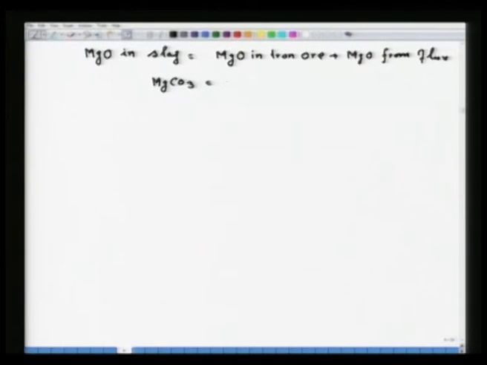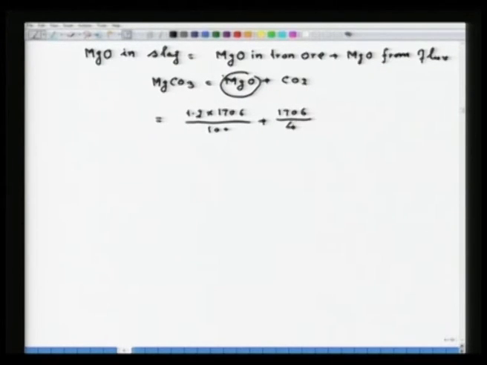So, MgCO3 will decompose to MgO plus CO2. So, this MgO will enter into the slag. MgO in iron ore will be 1.2 into 1706 upon 100 plus 1706 upon 4 into 2 by 100 into 1 upon 84 into 40.